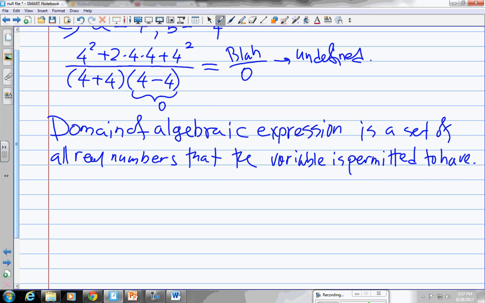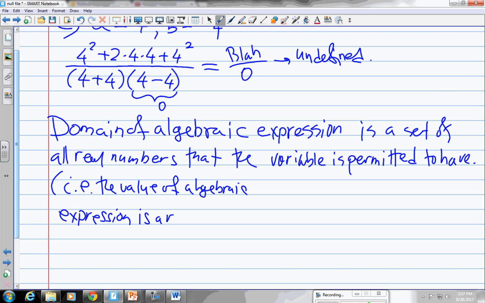Meaning your answer is still a real number. The value of the algebraic expression still remains real.